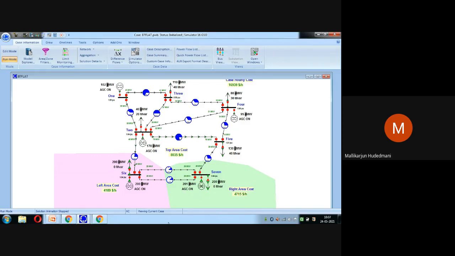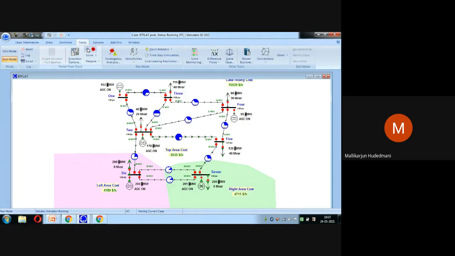In such a scenario, if I simulate this software, it will show me the flow of power within this area and among the areas. Let me show you. When it is a balanced situation, there is a flow of power. Between this white background area A and the pinkish area, the tie line is driving power from white area A to the pink area.